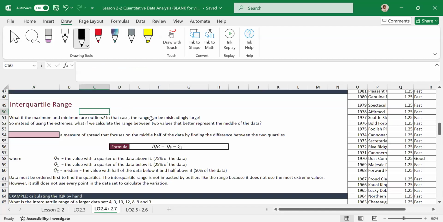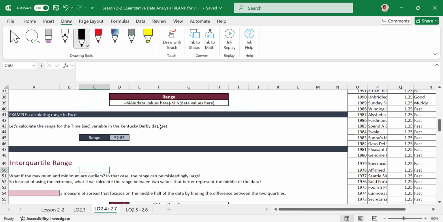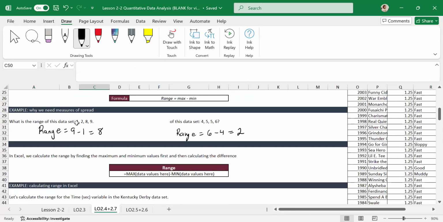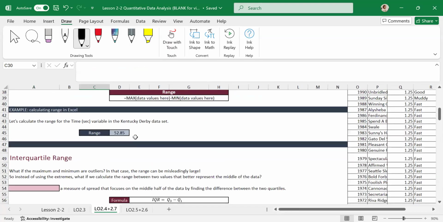If you have a maximum or a minimum value that is an extreme outlier, it can make the range huge and misleadingly large. If we went back to this example, and let's say that in this data set, all of a sudden the biggest number instead of being 9 was 1,000, then the range would be 999, and the range would be absolutely huge.